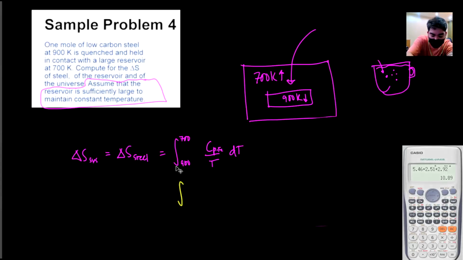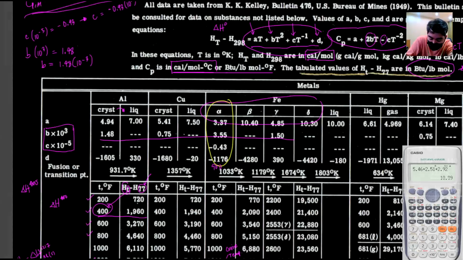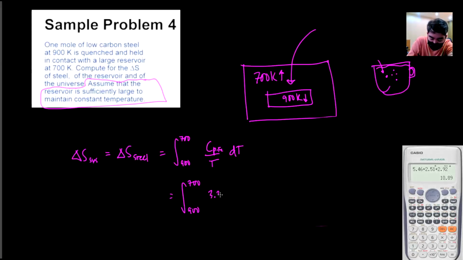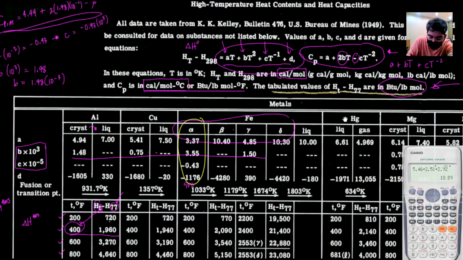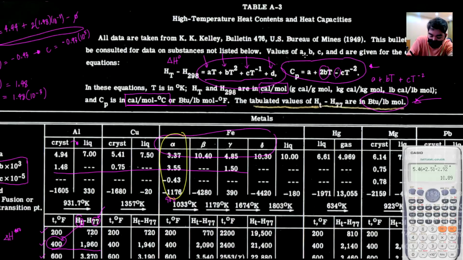We have, oops, this becomes 900 to 700 and 3.37, 3.55. So that's 3.37. That's 8 plus, and again, for those who missed the initial parts of this lesson, we always look at itong form na to.